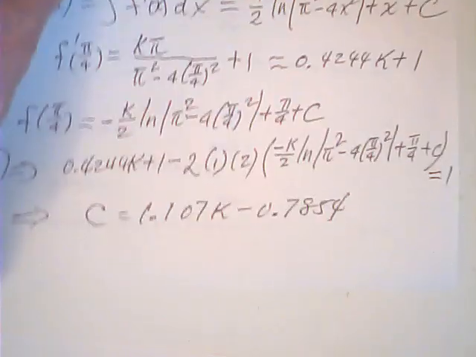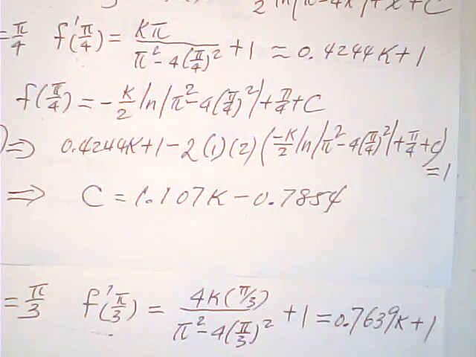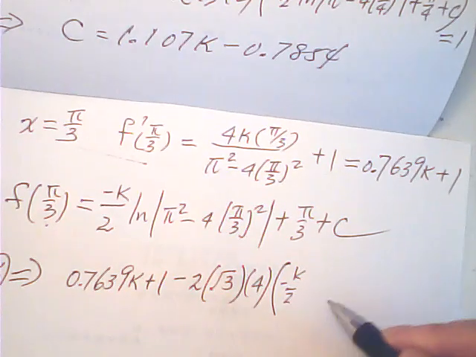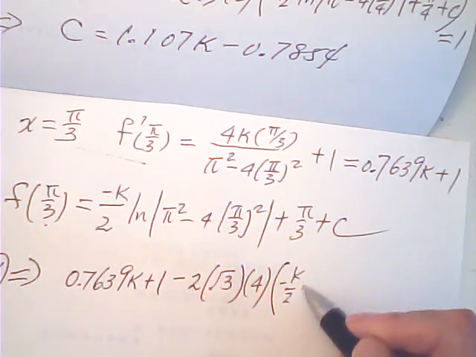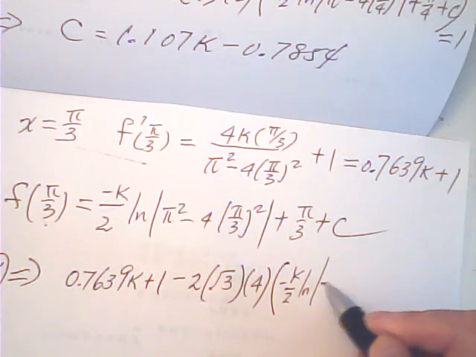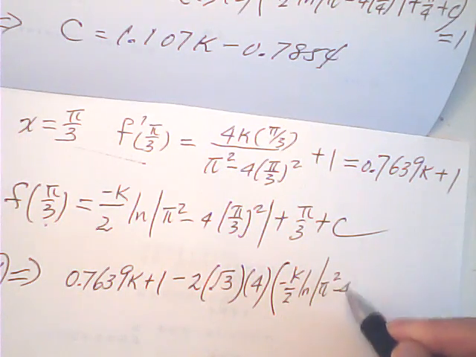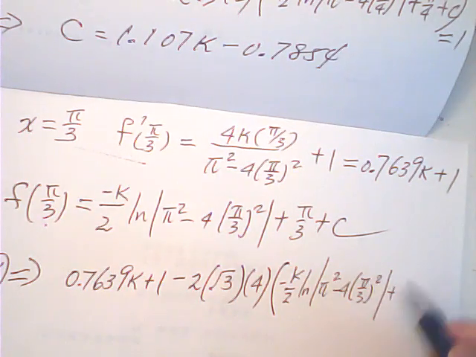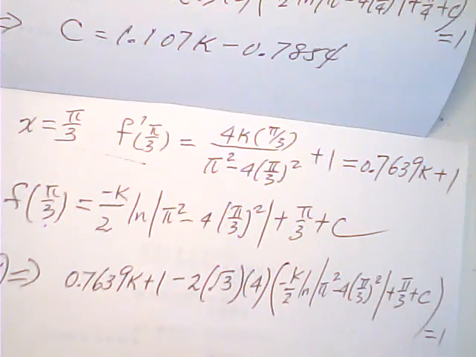This one is equal to minus k over 2 log of pi square minus 4 times pi over 3 square, plus 3, is equal to 1.